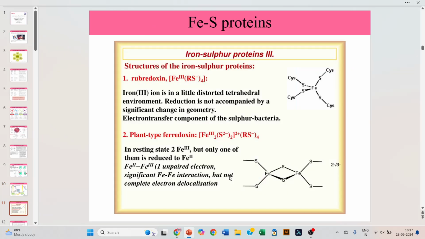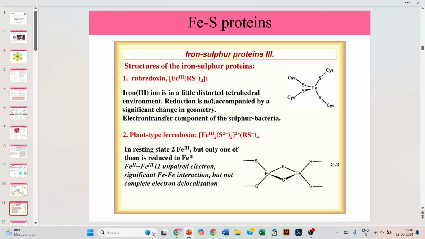Now we come to iron-sulfur proteins. We just talked about this rubredoxin. So let's have a look at this properly. So see, the iron, Fe3+, is a little distorted. So this is the structure of rubredoxin, and this is slightly distorted, and that is because of its environment.